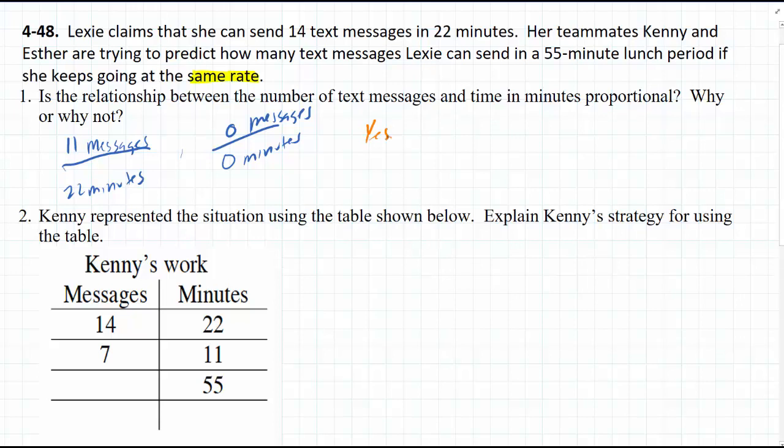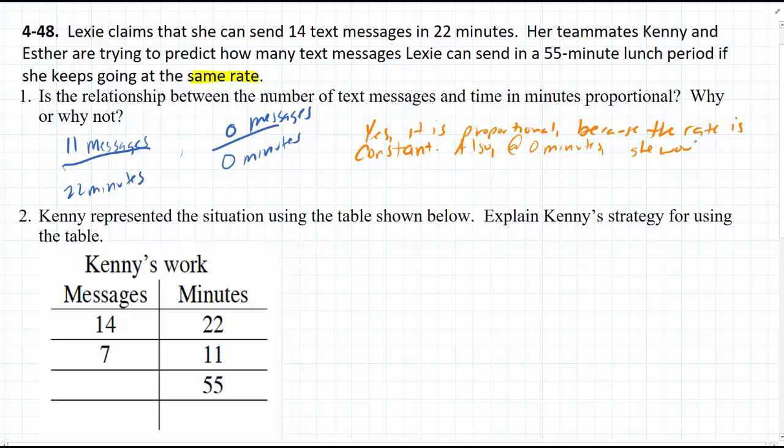So yes, it is proportional because the rate is constant. Also, at 0 minutes, she would have sent 0 texts.